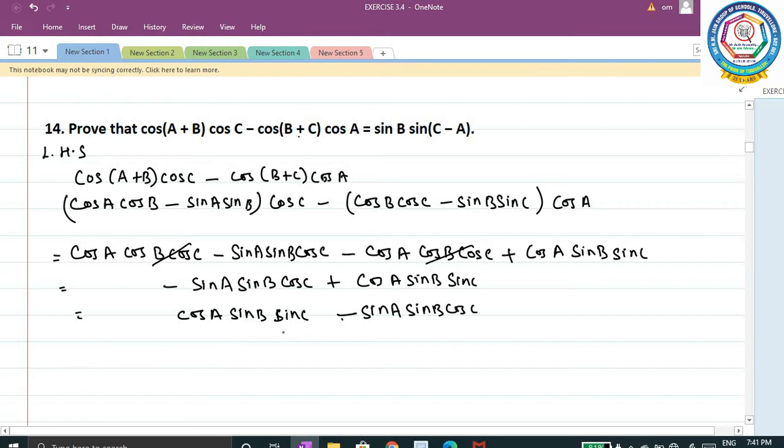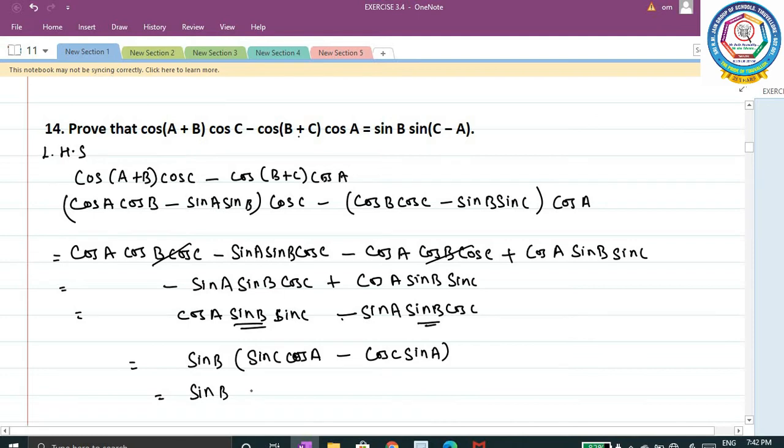In both terms, sin b is common. So now I am taking it outside. We will take sin b outside. So remaining sin c cos a minus cos c sin a. Now it is in the form of sin a cos b minus cos a sin b. Sin a cos b minus cos a sin b is equal to sin of (a minus b).